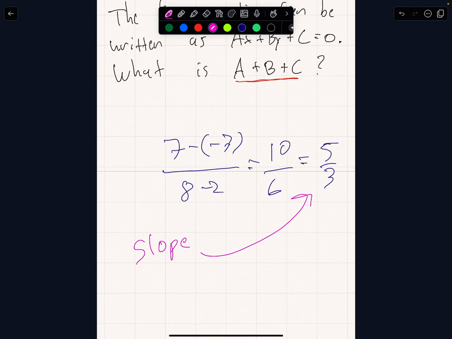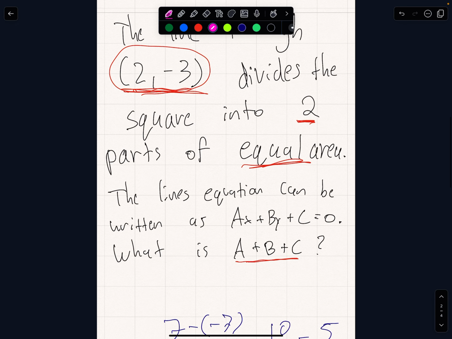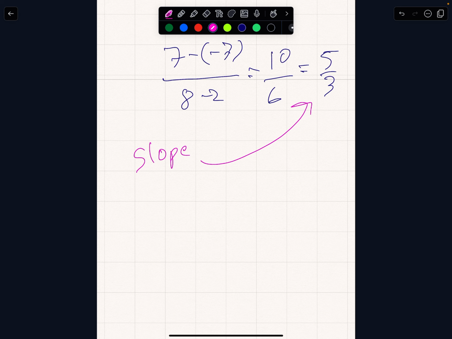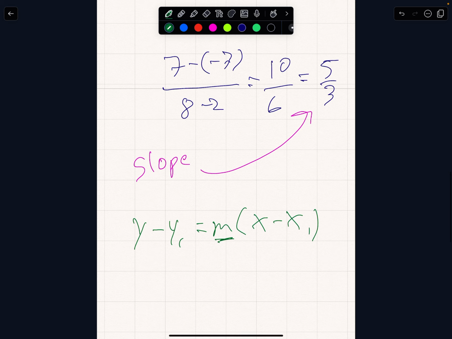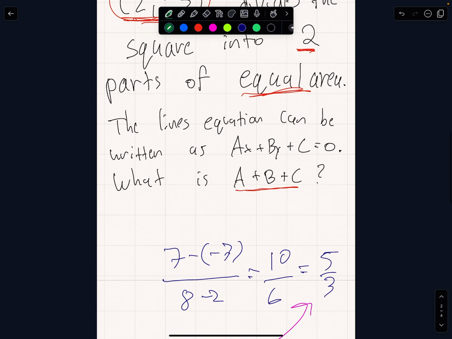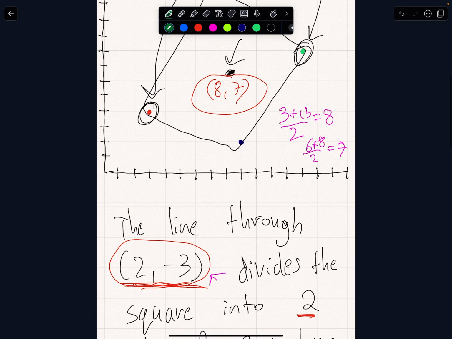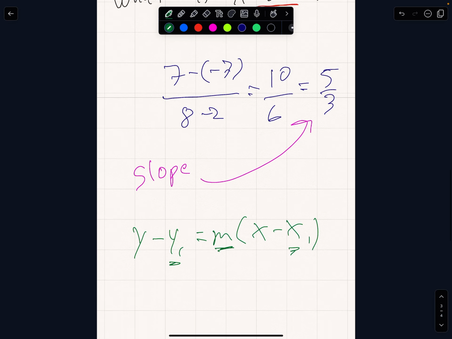Now we have the slope, and we have a point, so we can describe the equation of the line using point slope form. It's in the name. y minus y1 is equal to m times x minus x1. That's point slope form, where m is the slope and the coordinate pair is one of the points that the line crosses.